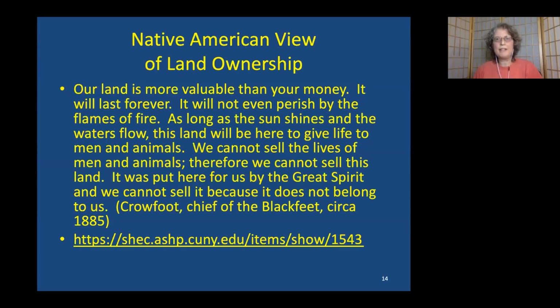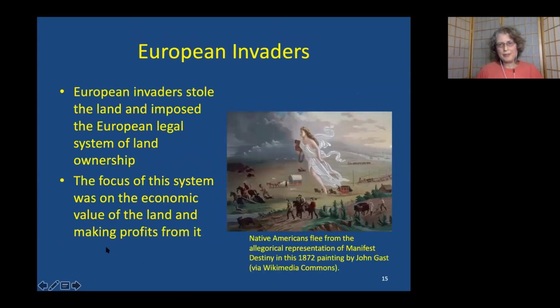Within their worldview, they felt that they could not own the land, and no one should own the land. However, the European invaders who came to North America basically stole the land through various means and imposed the European legal system of land ownership.